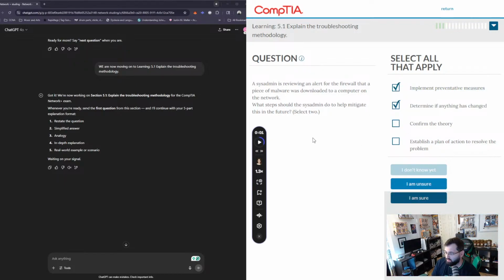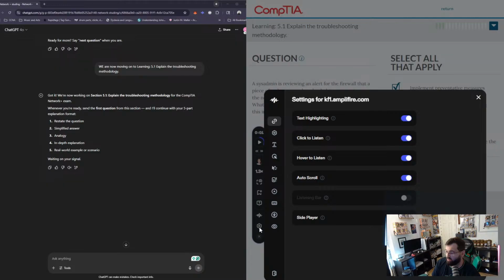Implement preventative. Do the thing. Man, the delay is bad. Ooh, that is loud. I don't know if I can adjust that volume.